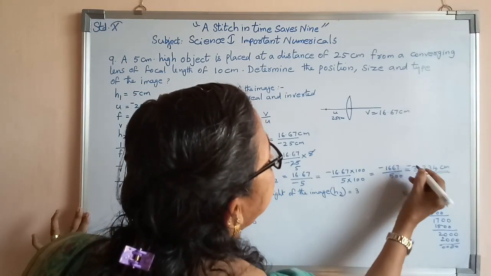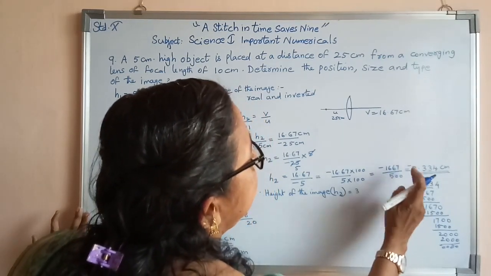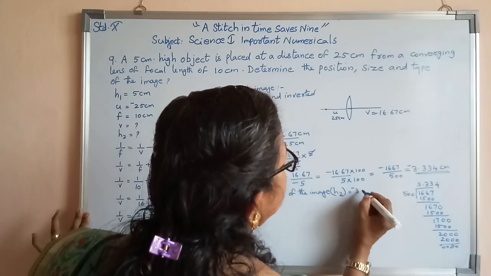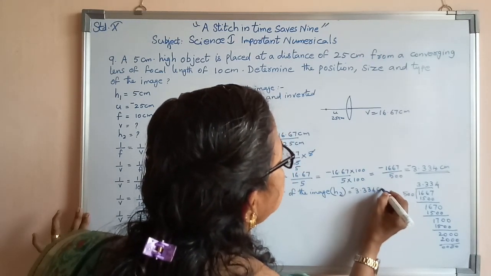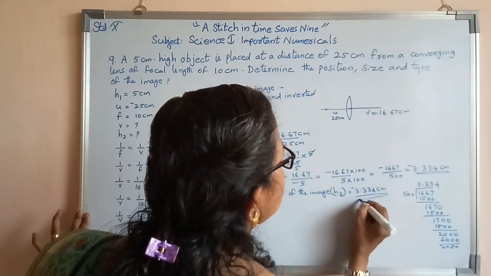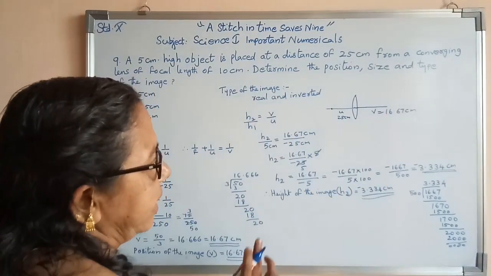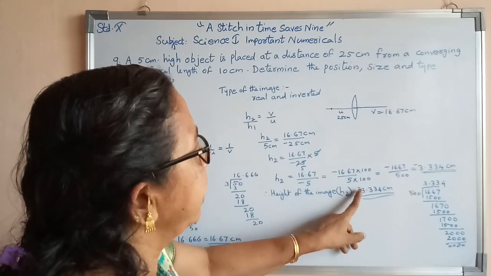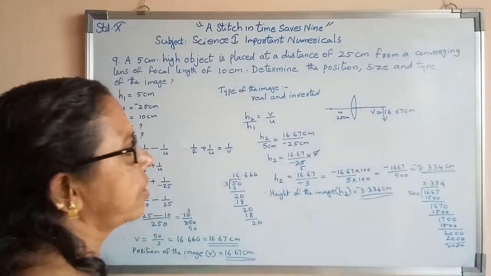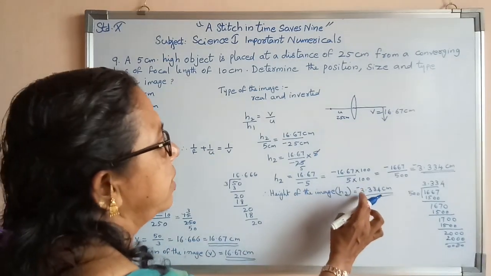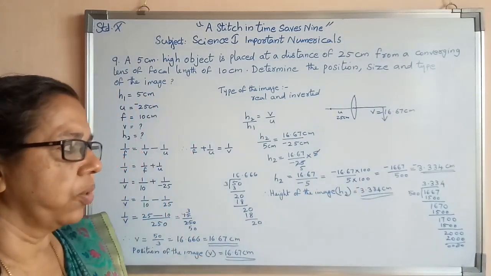That's the reason in the answer also we have to put minus. So minus 3.334 centimeter. Image formed at the right hand side. Again you see height is minus. That means the image will be an inverted image. That's the reason we have got a minus value.